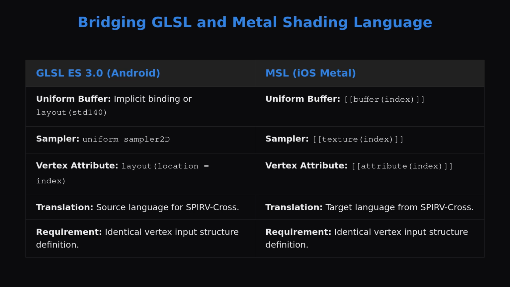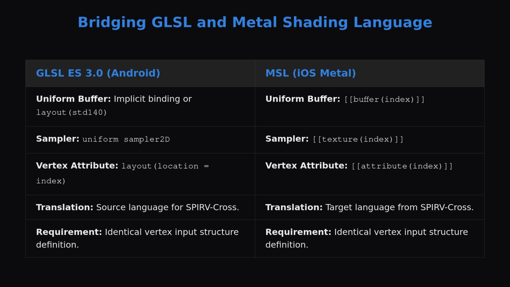Uniform buffers use double bracket buffer index, while samplers use double bracket texture index. Conversely, GLSL uses layout location equals index for vertex attributes and relies on implicit bindings for uniforms based on their declaration order or explicit uniform block definitions.